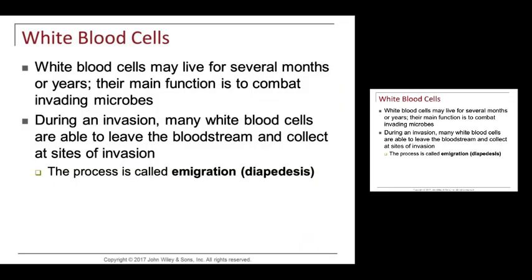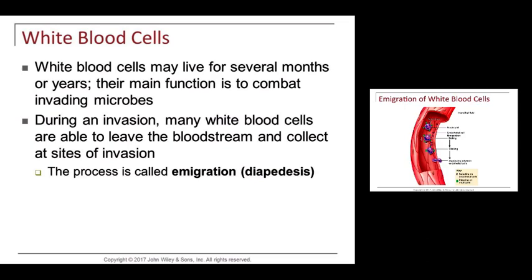White blood cells may live for several months or years, and their main function is to combat any type of invading microbe. And during the invasion, the white blood cells are able to leave the bloodstream and collect at the site of the invasion. And the process is called emigration or diapedesis.